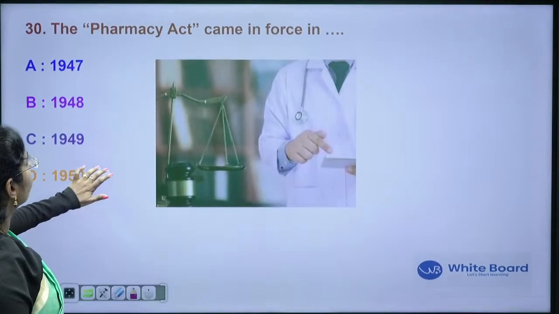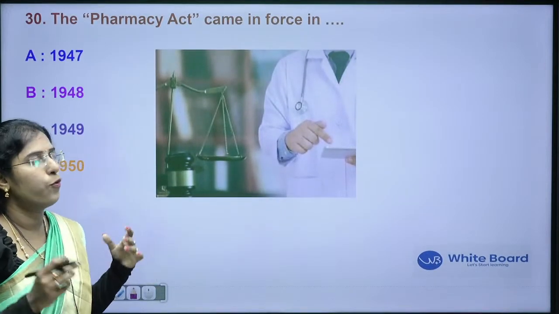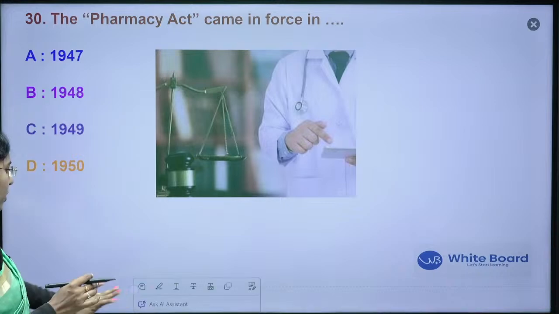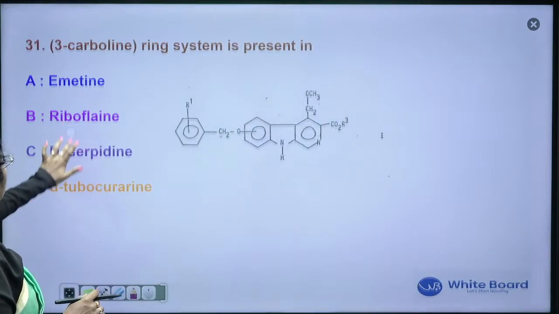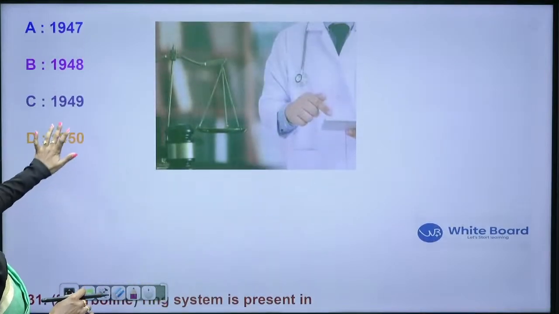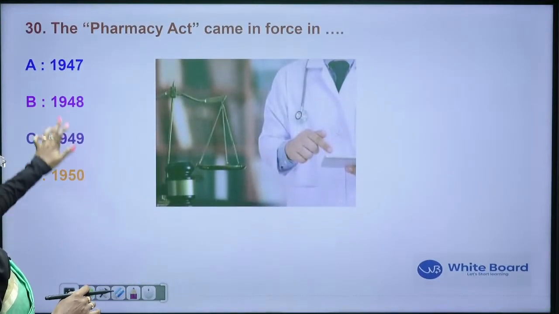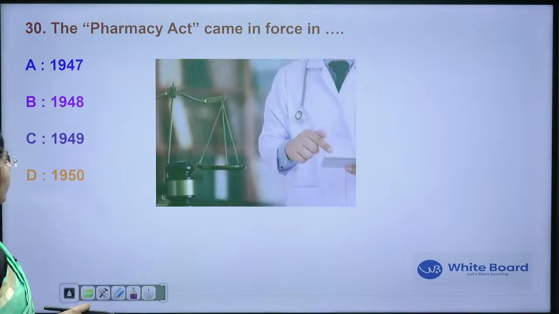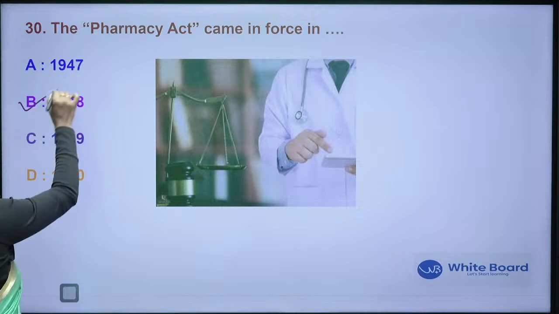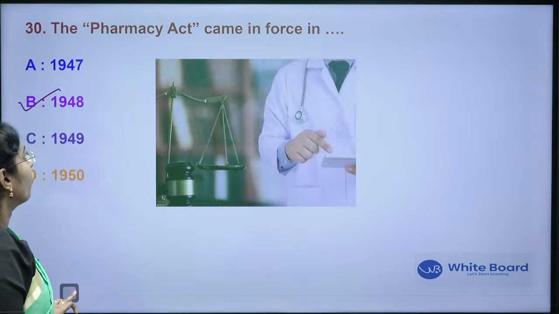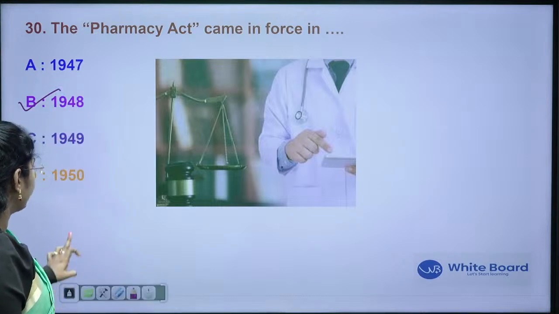And the next question is, the Pharmacy Act came into force in. It is also a direct question. The options are 1947, 1948, 1949 and 1950. So, the correct answer is 1948. The Pharmacy Act came into force in 1948.